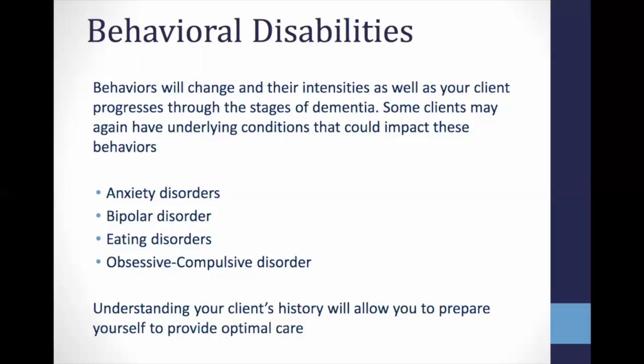Right now, understanding your client's history will allow you to prepare yourself to provide that optimal care. And we will give you all the information we possibly can right off the bat, so you're well informed. And going through this, you might have to talk to the family. You might have to do some little investigative work yourself and try and find clues and things on how to help them out.